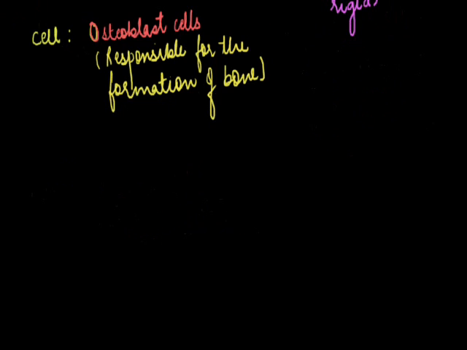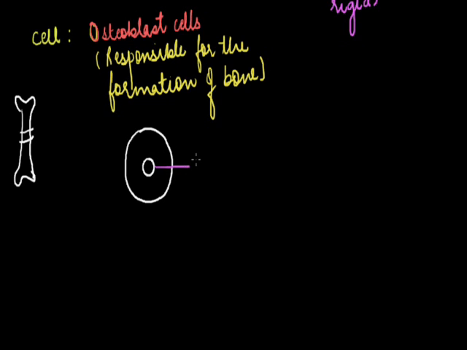Now if we study the transverse section of the bone, then we will obtain such a section. In the center there is the presence of a canal, and this canal is called the Haversian canal.